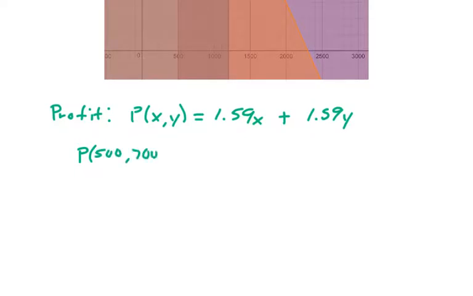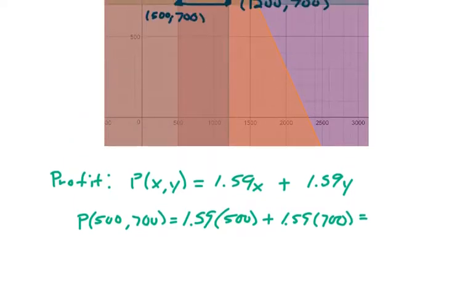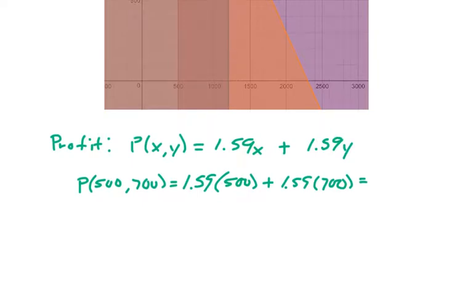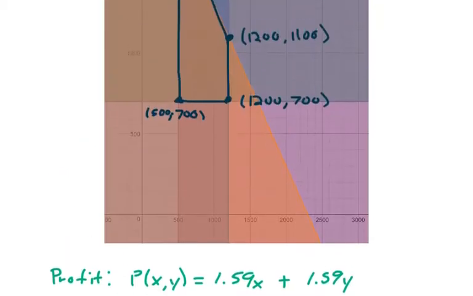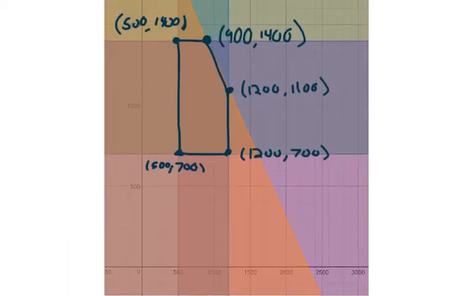We're going to go 1.59 times 500 plus 1.59 times 700. And if we just do the minimum, we get a profit of $1,908.